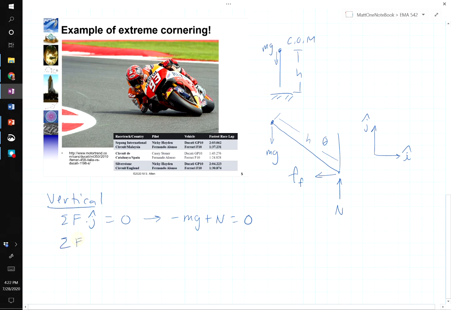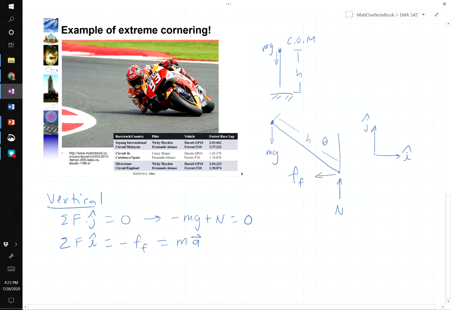Now if we look in the horizontal direction is where this gets a little more interesting. So here we have the friction force. That's the only force acting in the horizontal direction. And that has to be equal to the mass times the acceleration of the body.